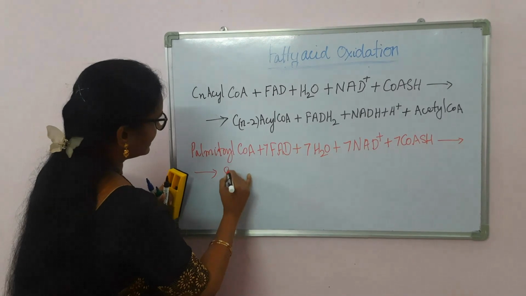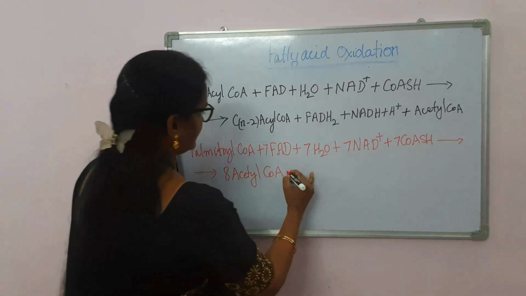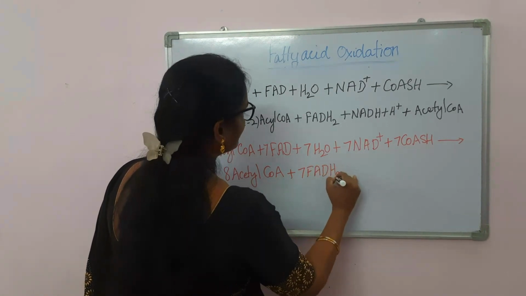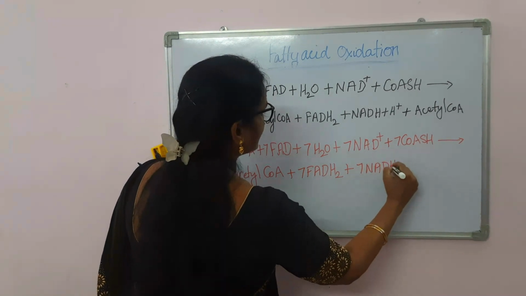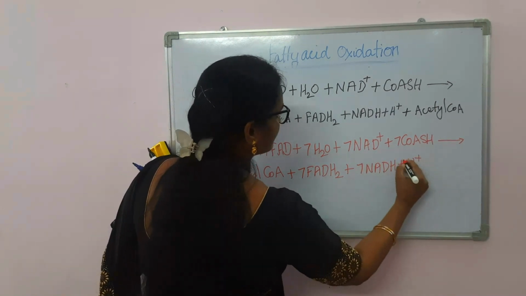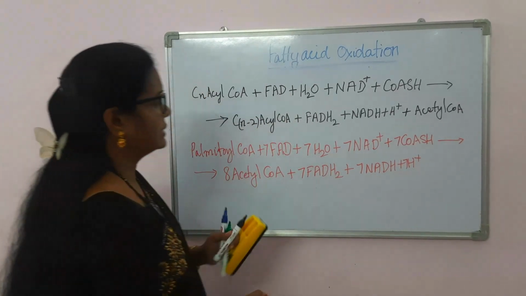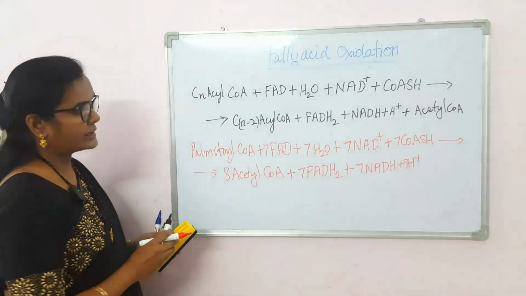Here we will get 8 acetyl-CoA molecules, then 7 FADH2, then 7 NADH plus 7 H plus. So this is the overall reaction of fatty acid oxidation.